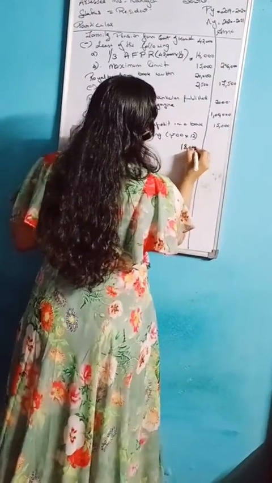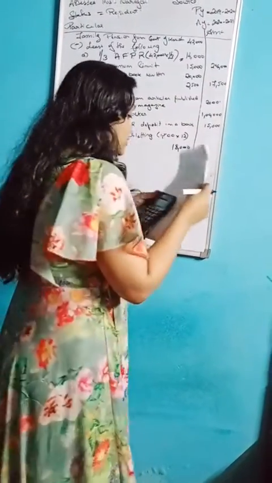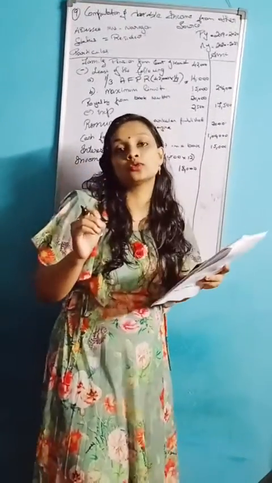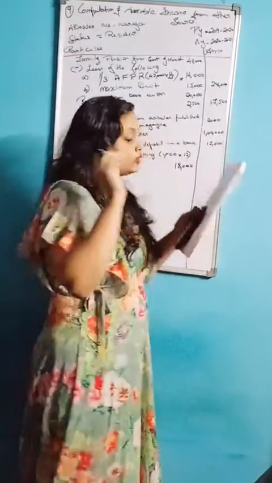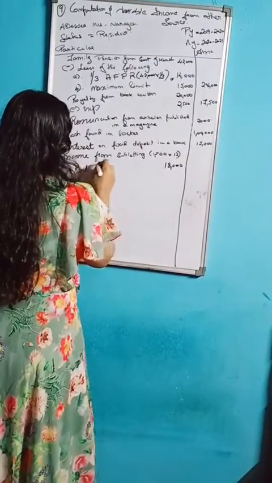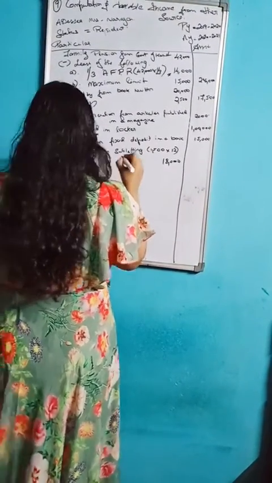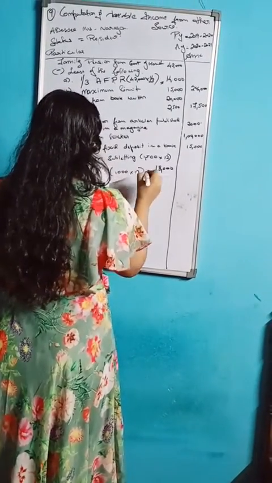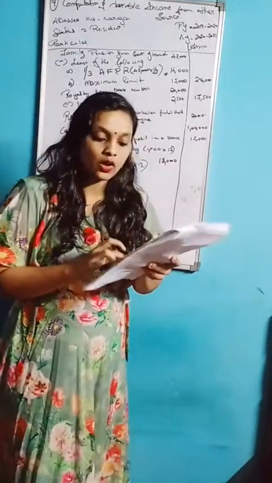Just write 18,000. Next, rent paid. How much? 1,000 per month, so 12. So 1,000 into 12, you will get 12,000.